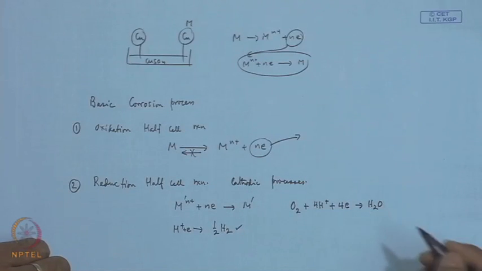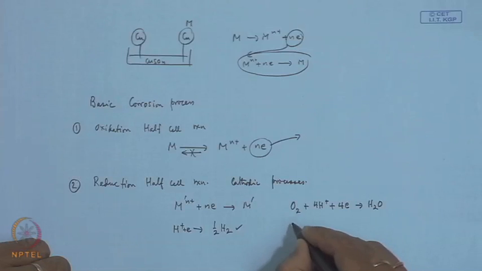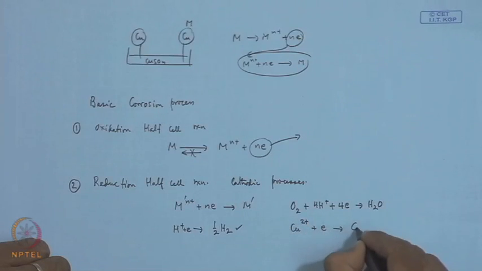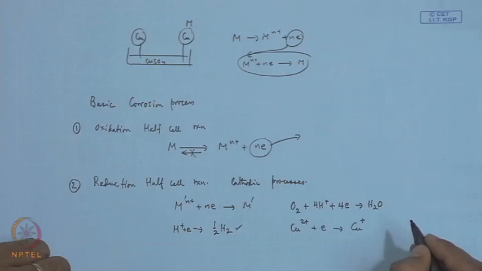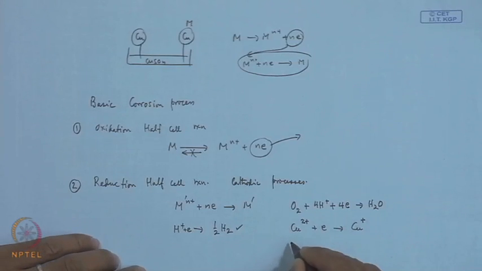Okay, maybe Cu2 plus electron giving rise to Cu plus, that is one state. Okay, maybe O2 plus 2 H2O plus 4 electrons giving rise to 4 OH minus.